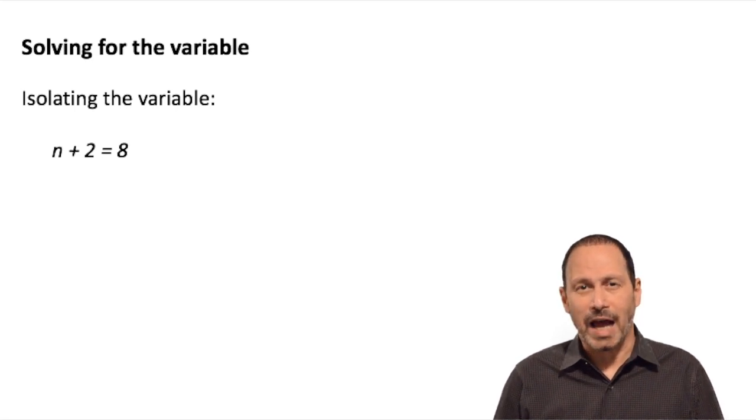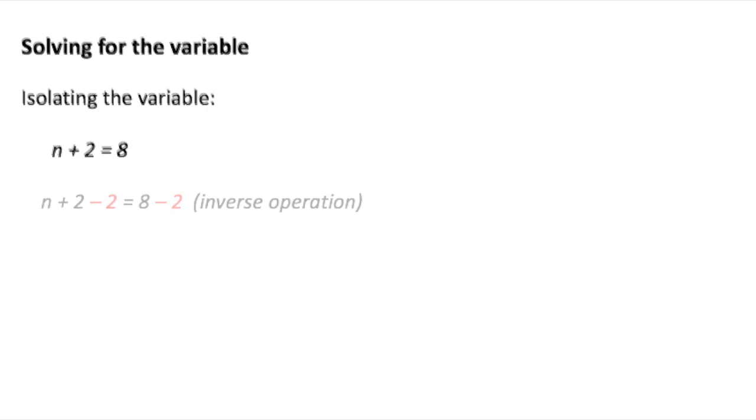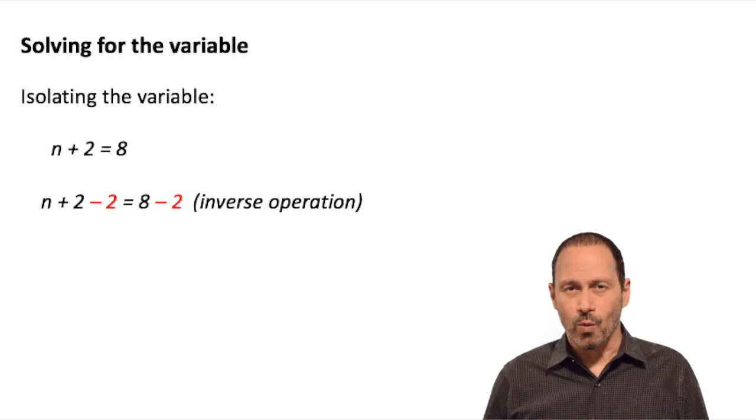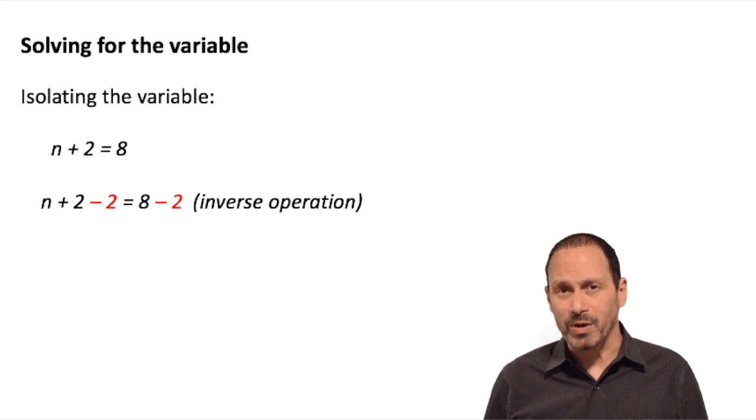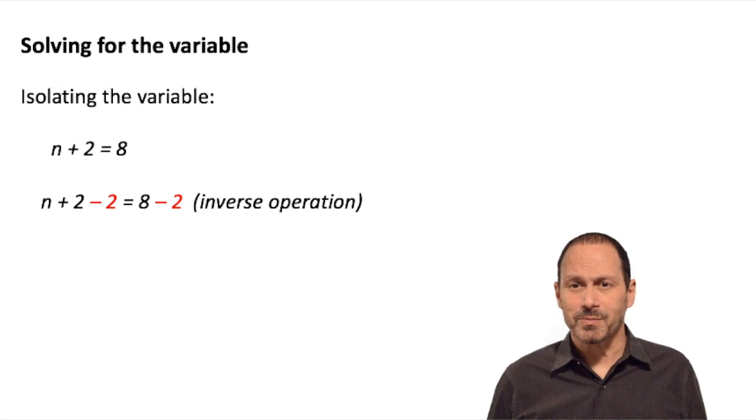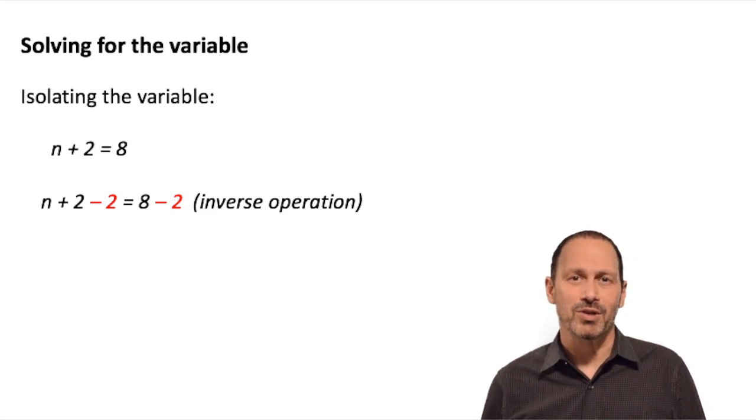undo the addition, the plus 2. We do this by performing the inverse operation for addition, and that is subtraction. We are to subtract 2 from both sides of the equation.